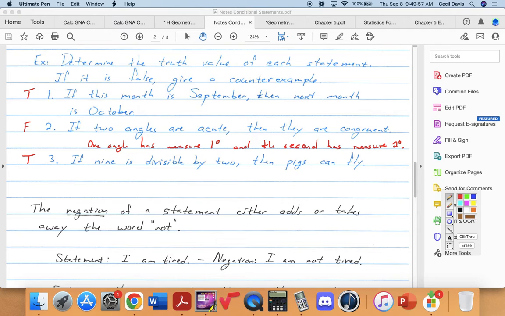This is a true sentence. Why? Because you can't find a counterexample. 9 is not divisible by 2, so I can never fulfill the hypothesis.